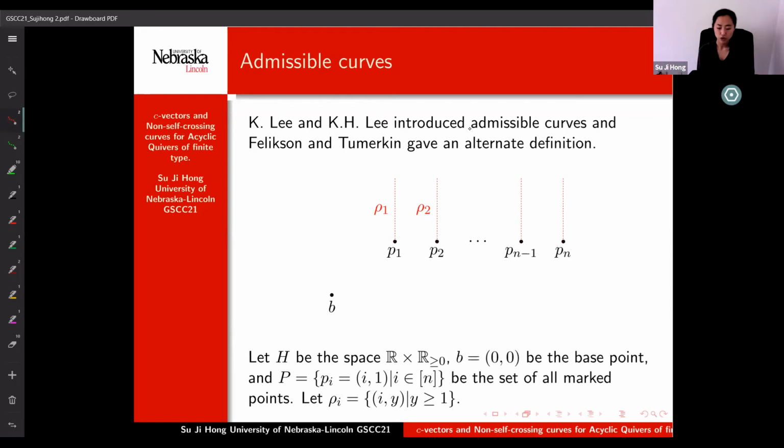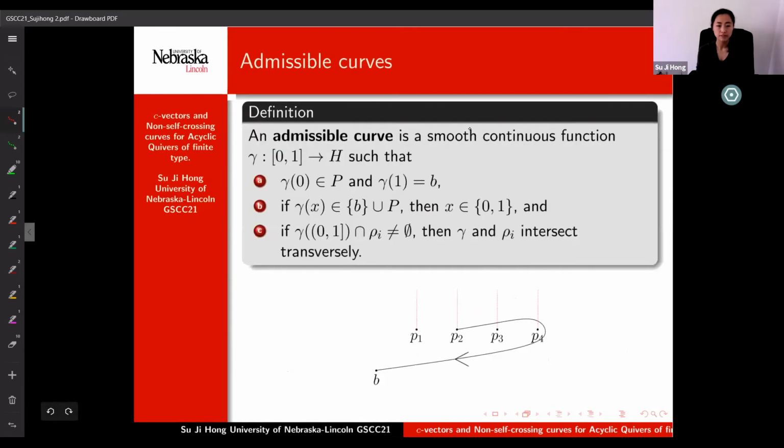In this case, we're going to have this half space, and we have this base point B, and we have this set of marked points, n marked points if there are n vertices. And then we're going to have these rays. An admissible curve on this space is given by a smooth continuous function from one of the marked points to the base point, so that it does not cross any other marked points.